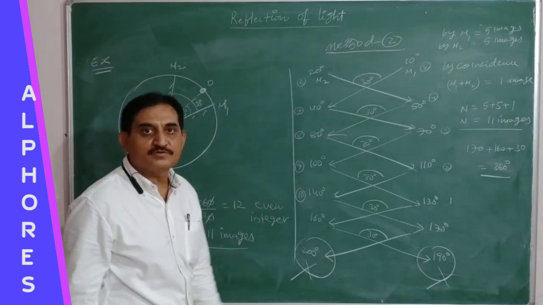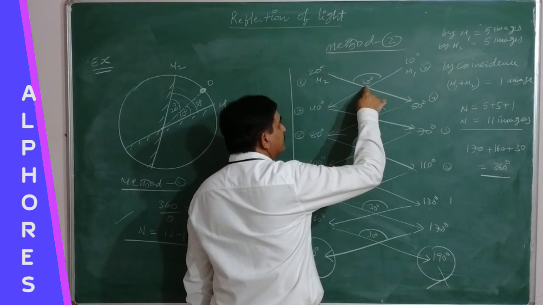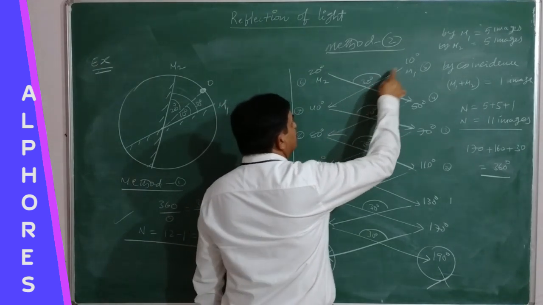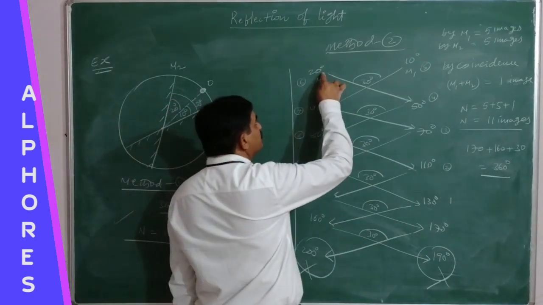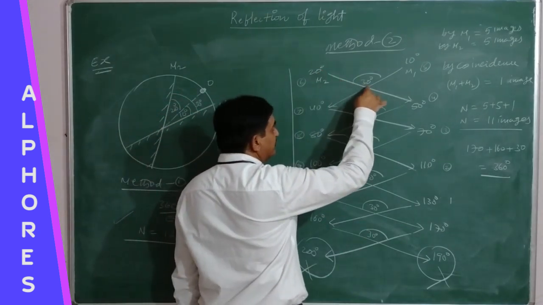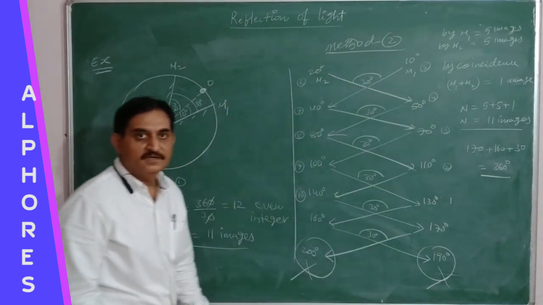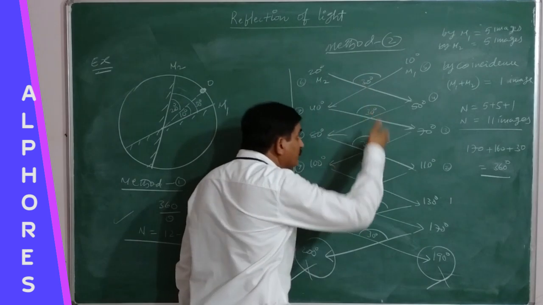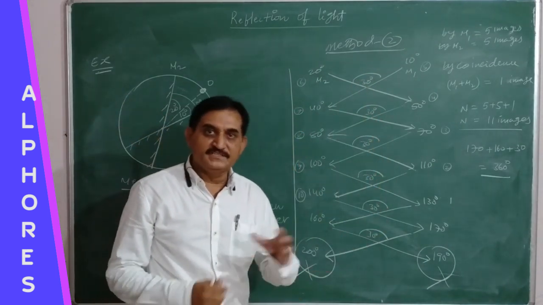Every time you have to add the initial angle to the angle between the two plane mirrors, which comes to 40 degrees. Similarly for M2, initially 20 plus the angle between the two plane mirrors adds up to 50 degrees. Like that you continue the same way till you get a 180 degree angle.